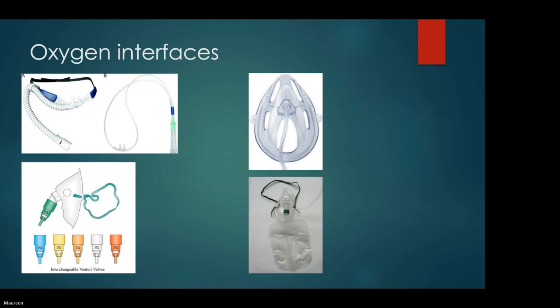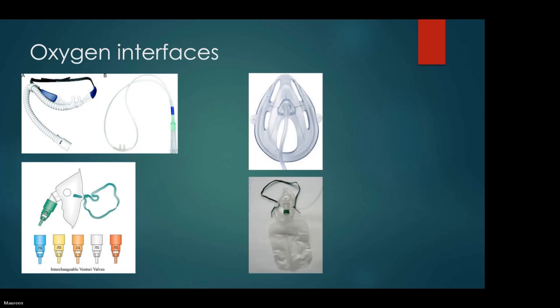In the bottom left corner is a mask system again, which is called a Venturi mask, and it comes in a variety of percents from 24% right up to 60% oxygen. And I'll explain how that works. And then the final picture there, which looks like a mask with a plastic bag attached to it, is called a non-rebreather bag. So if we take each of these in turn.